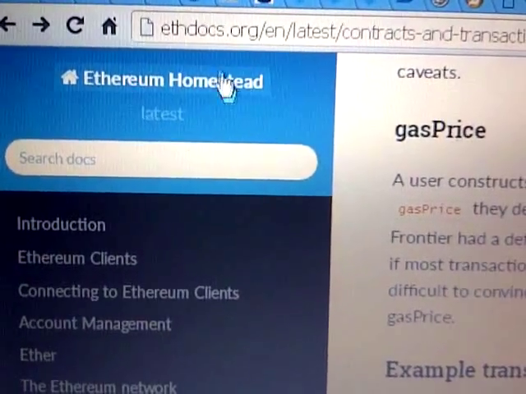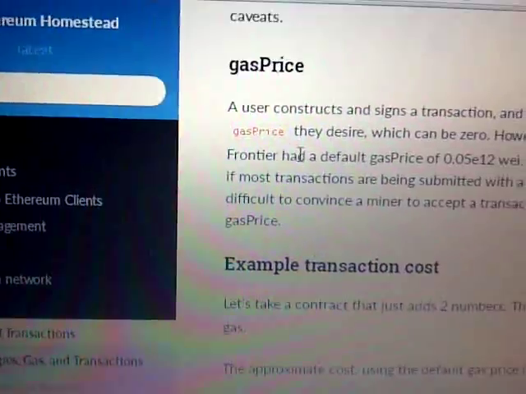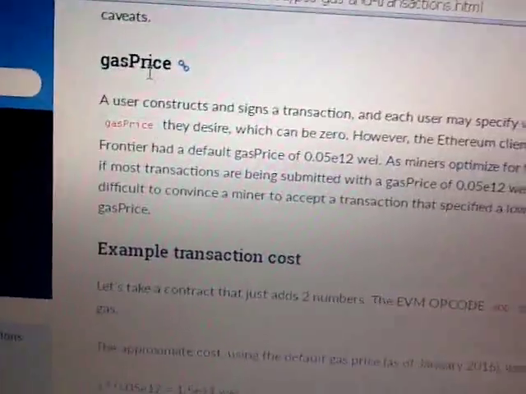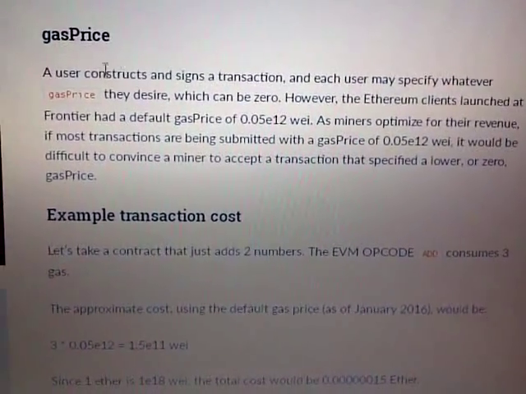Hold on. Okay, so I went to the ethereum.org website here, and they talk about gas price right here. Let me just read this little section for you.